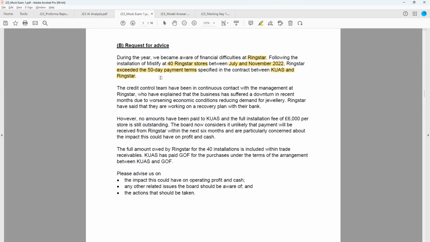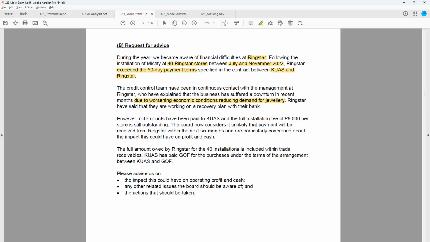The credit control team have been in continuous contact with the management at Ringstar, who have explained that the business has suffered a downturn in recent months due to worsening economic conditions, reducing demand for jewellery. Ringstar have said that they are working on a recovery plan with their bank.